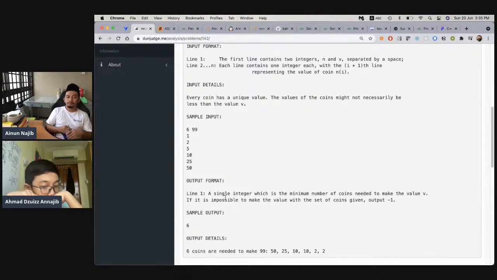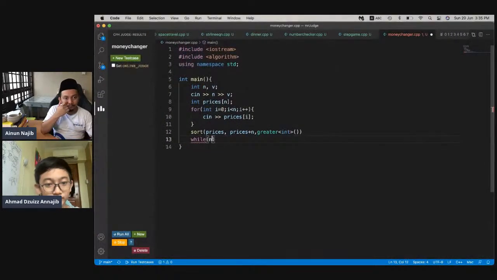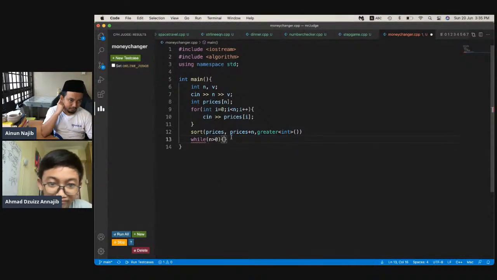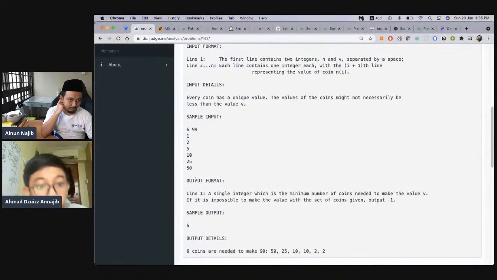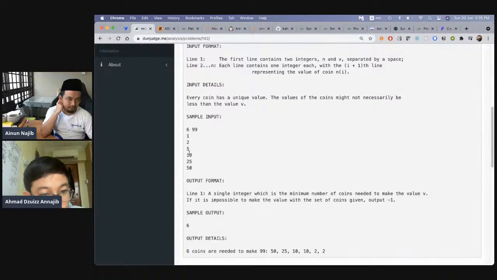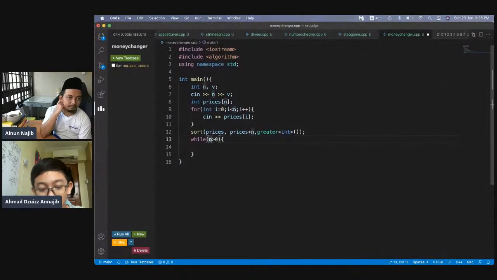While n is greater than zero. No, while v is greater than zero.